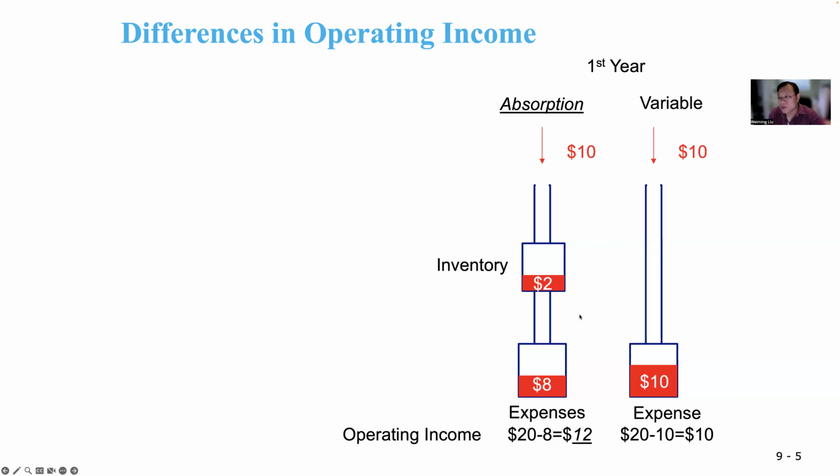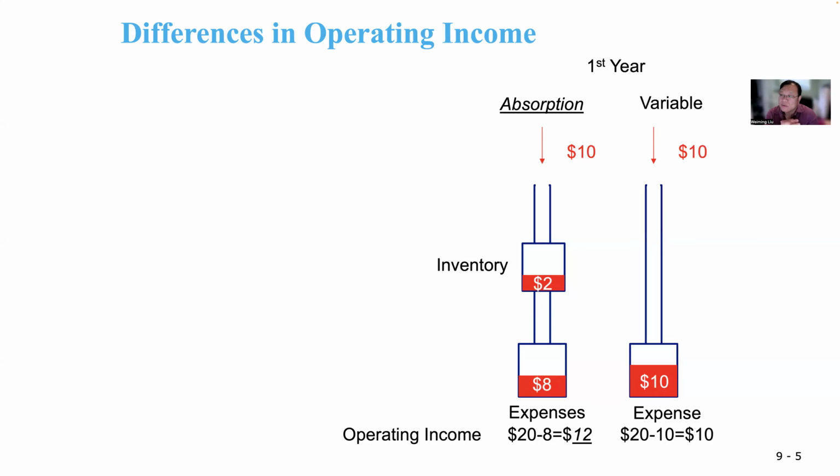So the fixed cost of $10, 80% of that means $8. The $8 actually reaches the income statement in the form of cost of goods sold. And $2 were not sold.